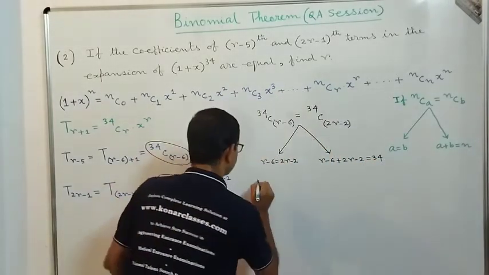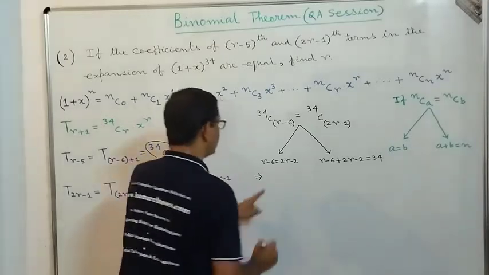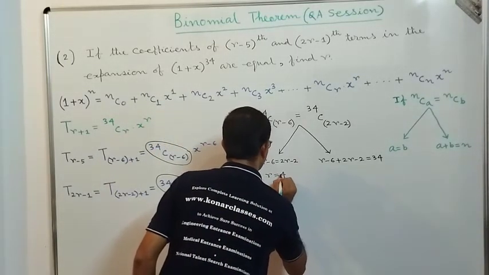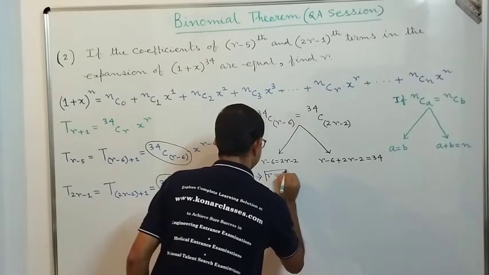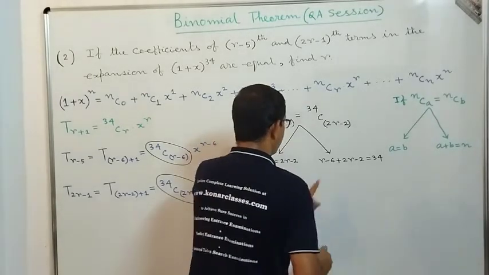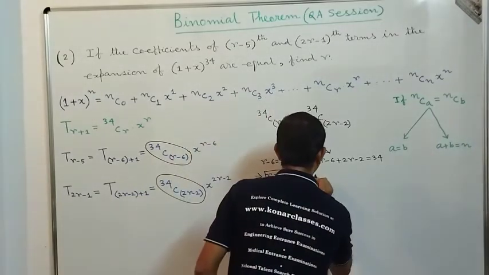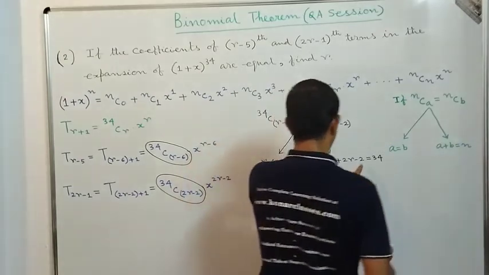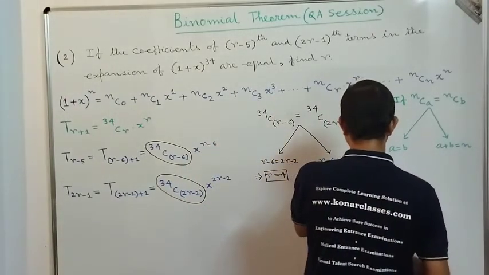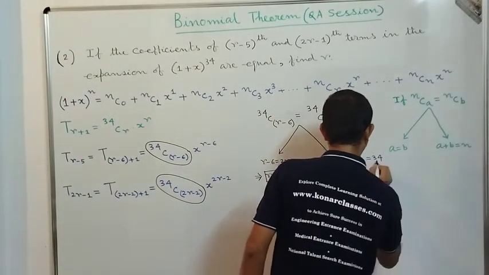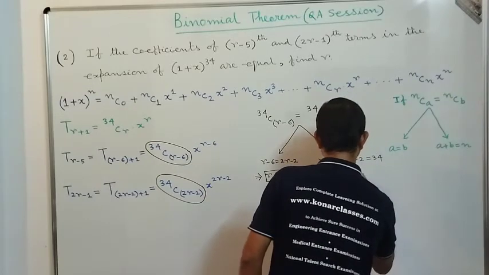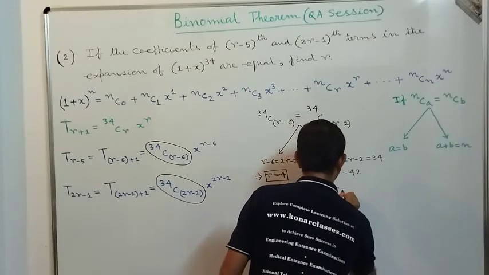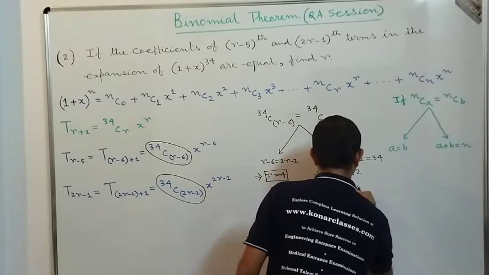Now let's take this one. r minus 6 equal to 2r minus 2 gives us r equal to minus 4. And r minus 6 plus 2r minus 2 equal to 34 gives us 3r is equal to 34 plus 6 plus 2, which is 42. So from here we get the value of r equal to 14.